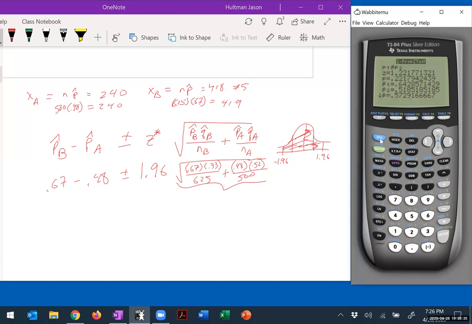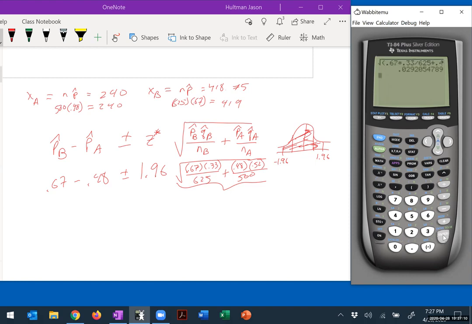So square root of, with parentheses, 0.67 times 0.33 divided by 625, plus 0.48 times 0.52 divided by 500. That should be good.